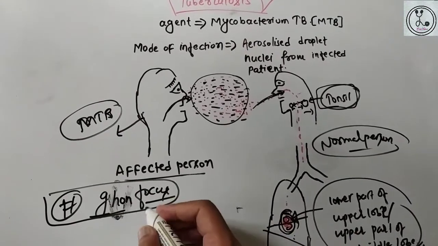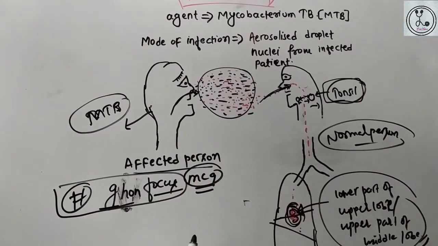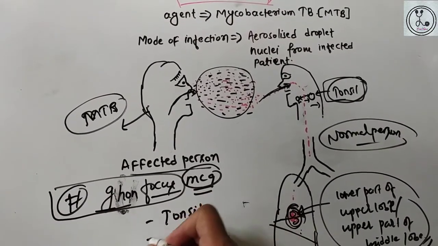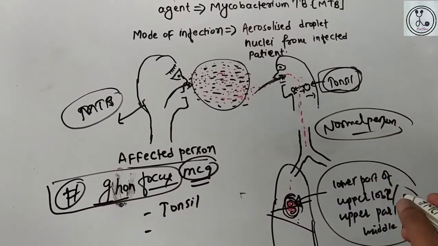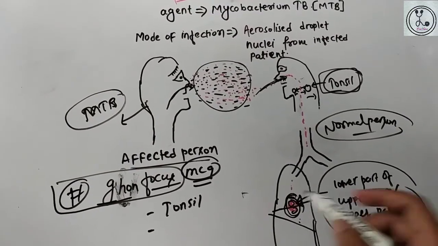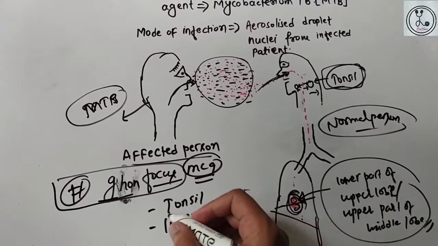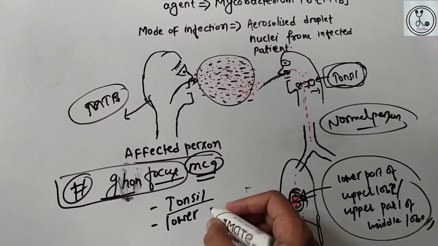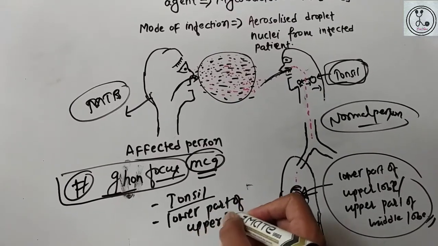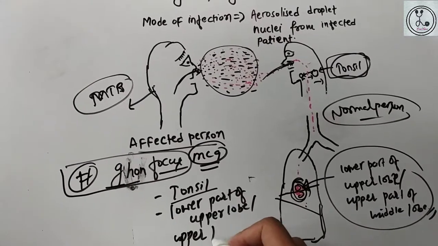So the MCQ question: what is the site of the Ghon focus? The site of the Ghon focus will be either the tonsil, or the lower part of the upper lobe and upper part of the middle lobe. So there are two sites of the Ghon focus. One site is the tonsil, and the other is the lower part of the upper lobe and upper part of the middle lobe.